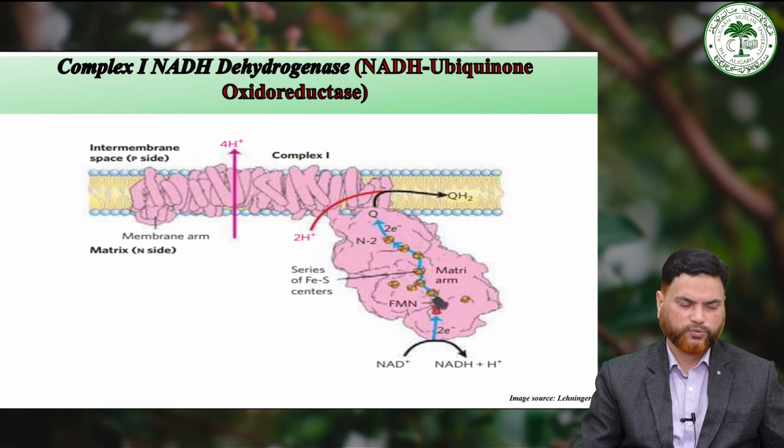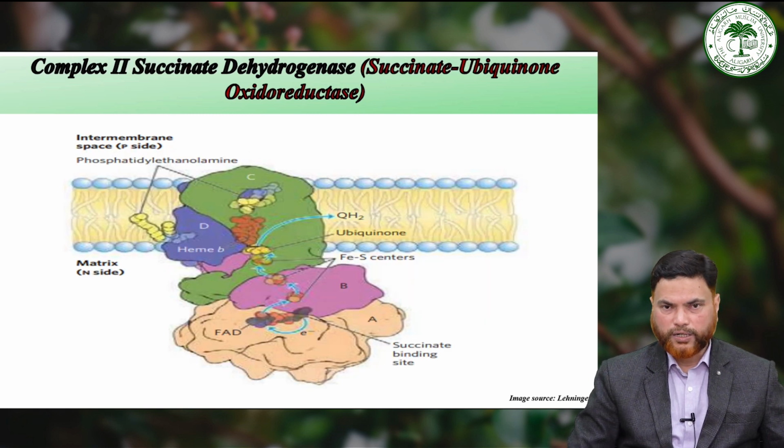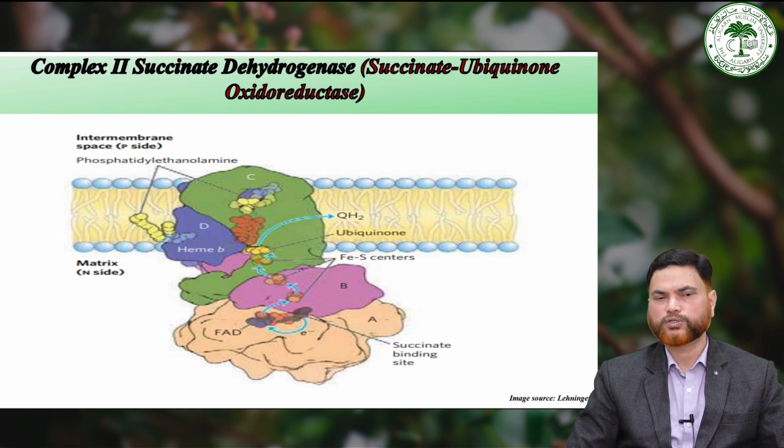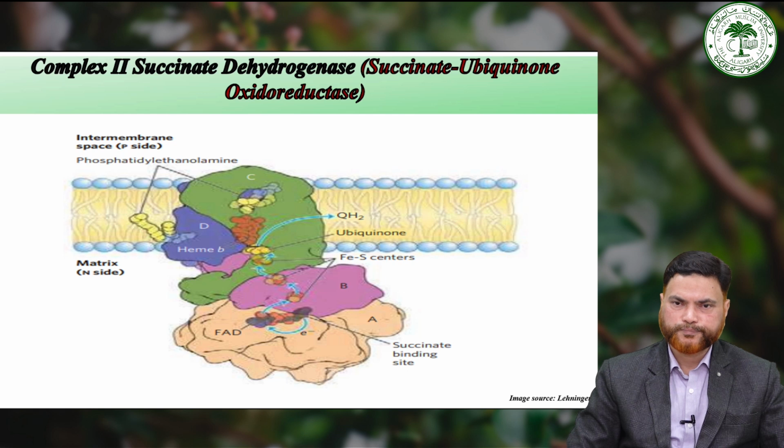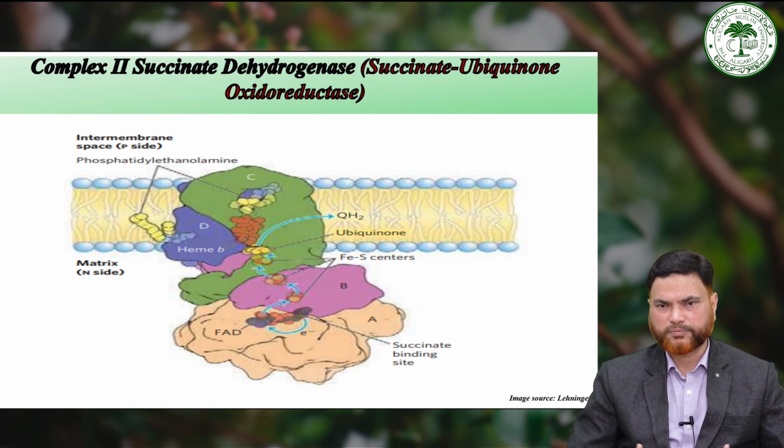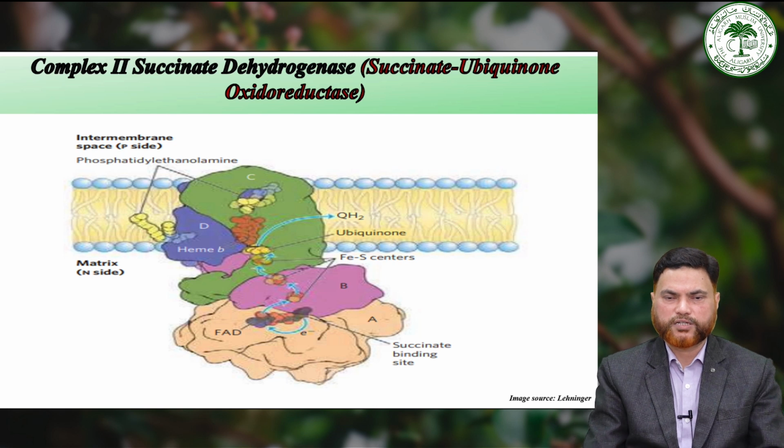Now, complex 2 is also known as succinate dehydrogenase or succinate-ubiquinone oxidoreductase, which is a membrane-bound enzyme in the tricarboxylic acid cycle, responsible for catalyzing the oxidation of succinate to fumarate.